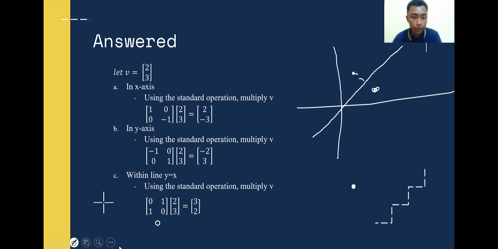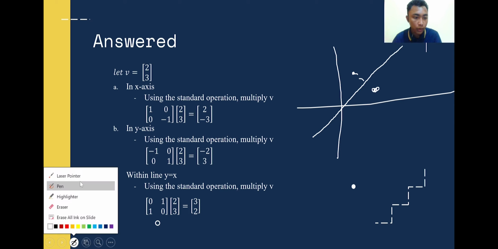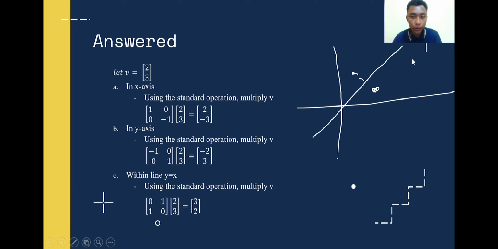So the values x and y will be swapped. For example, like this, this is the 2 and this is the 1.